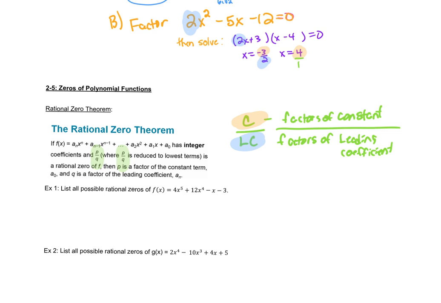So, quick story, way back when in the dinosaur age when I was in high school and I didn't have that graphing calculator at my disposal, we had to count on using all of these factors of the constant over the leading coefficient in order to figure out how to factor or solve and find all of the solutions for this.